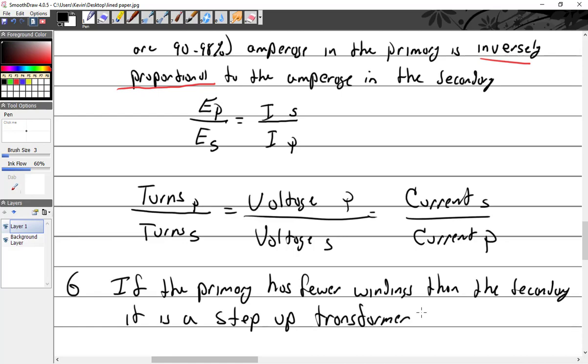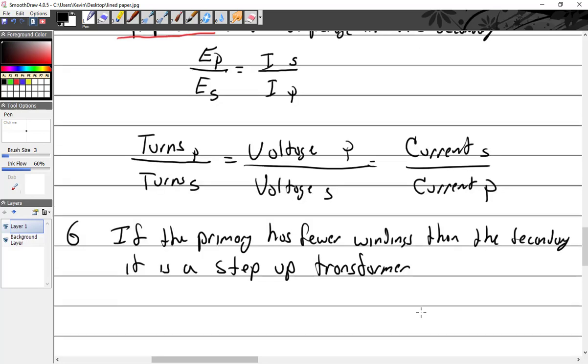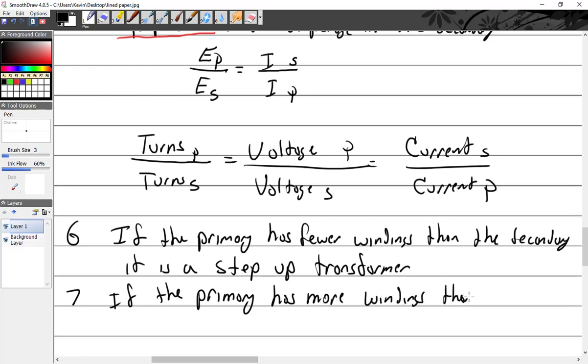If the primary has more windings than the secondary, it is a step-down transformer.